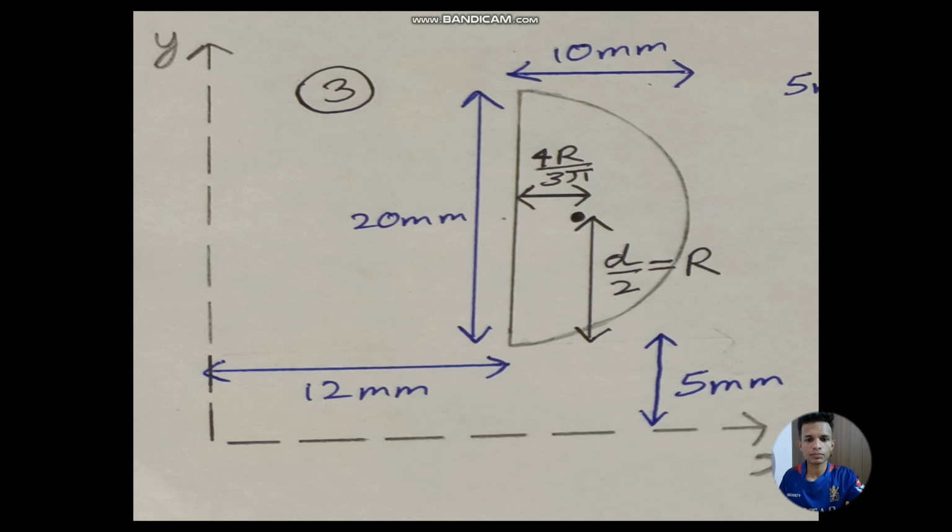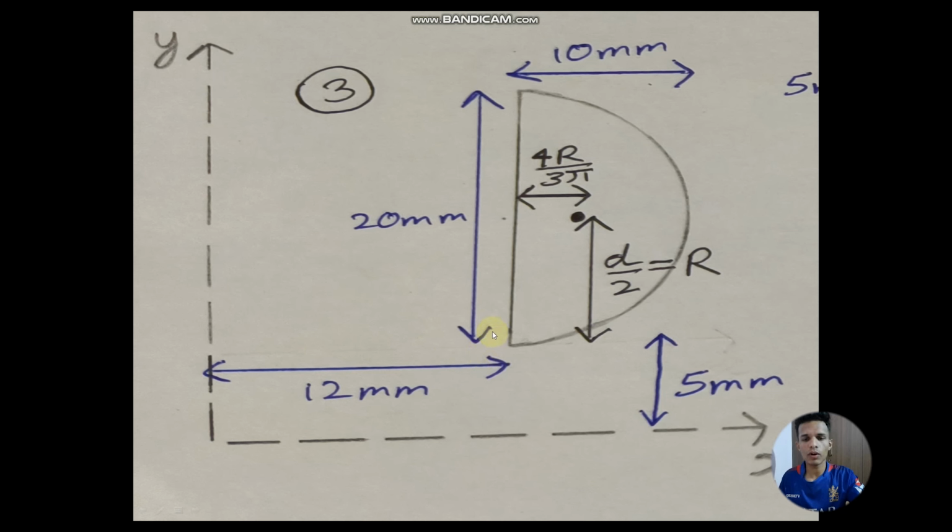semicircle. This semicircle, like the previous rectangle, is also 5 millimeter above the x-axis. The diameter of the semicircle is 20 mm, so the radius is 10 mm, and it is 12 mm in front of the y-axis.